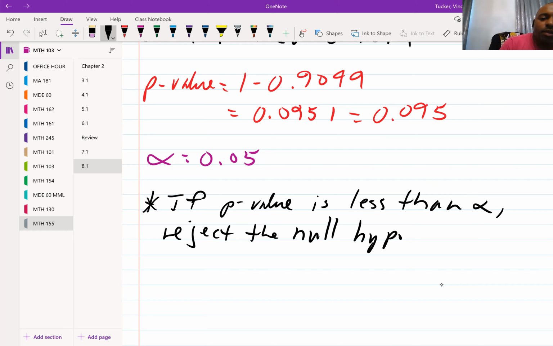Our p-value is 0.095, and that is greater than 0.05.